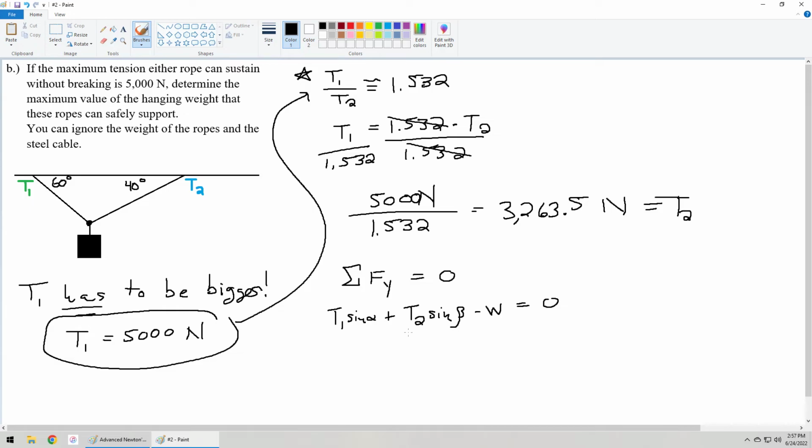Well, the maximum is going to be this value right here. So let's move W over to the other side, and that will tell us the maximum weight that you can sustain using these tensions and the provided angles alpha and beta as we've defined them. That's the weight that you can sustain.